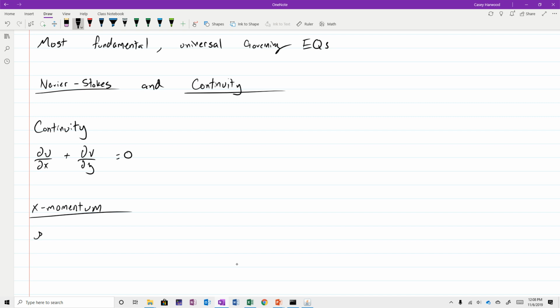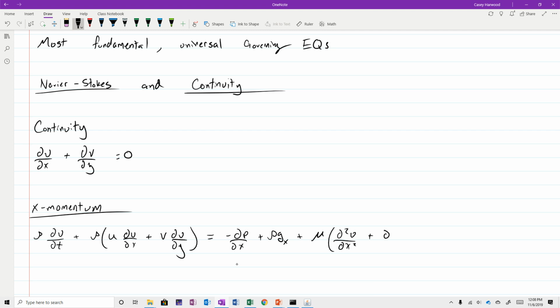Rho du dt plus rho u du dx plus v du dy equal to negative dp dx plus rho gx plus mu d squared u dx squared plus d squared u dy squared.